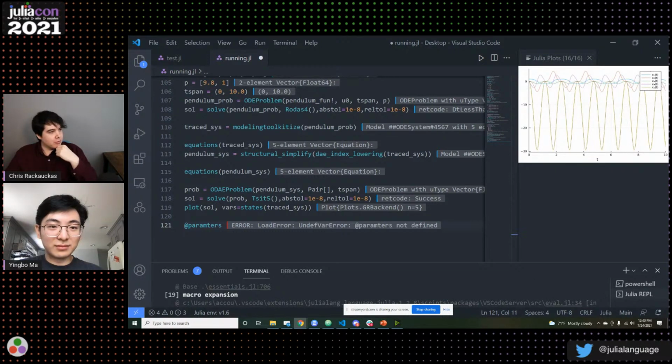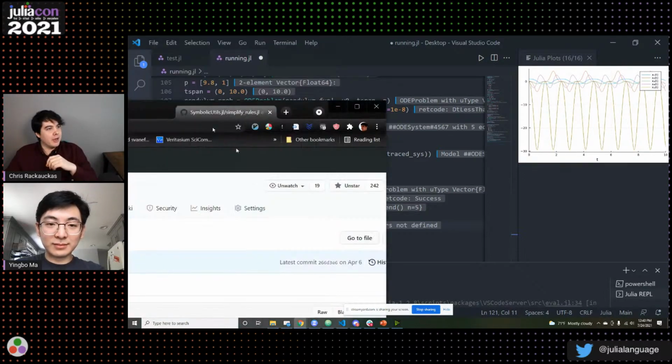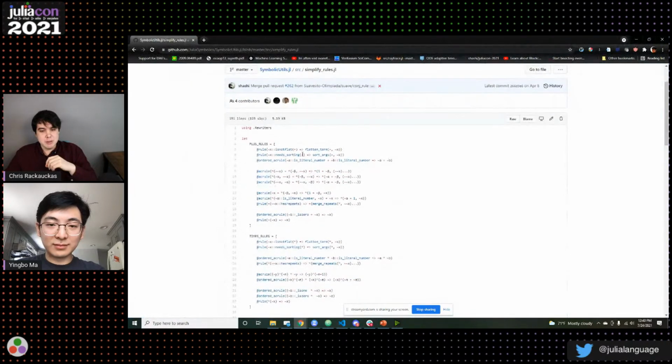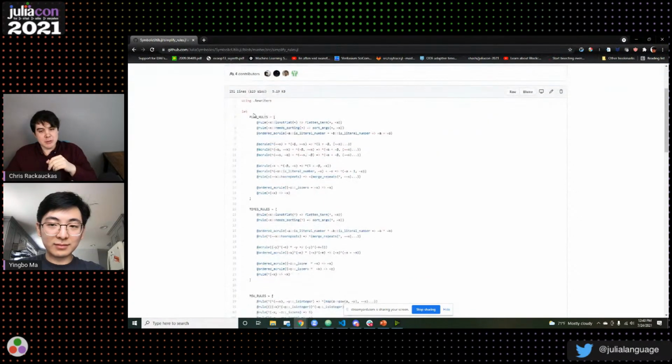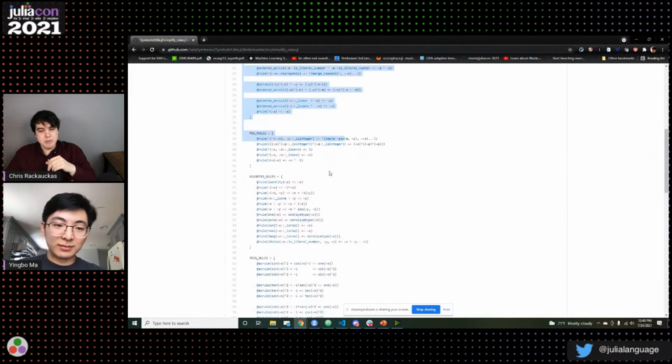There was one other question that asked, once a function has been registered, can you define rules for symbolic manipulation? Yeah, the whole library is written in Julia, so you can extend it however you wish. Here, for example, I'm going into the Symbolic-Utils.jl source. These are the rules that it's doing by default.